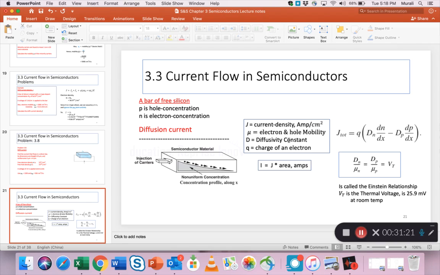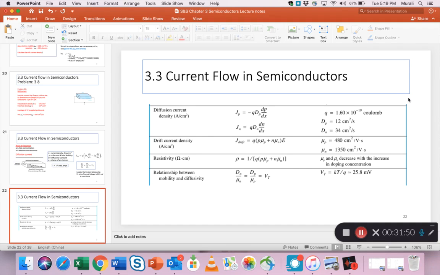Of course, there are diffusion constants here, dN and dP, and they are related to each other through the mobility factors, electron and hole mobility, which we also saw previously with drift. And they are all tied together to something called Vt, which is a constant thermal voltage, 25.9 millivolts at room temperature. Okay, so this was a review of the theory, and then I also just managed to copy and paste the relevant section from the back of the table, so we can refer to this if necessary.